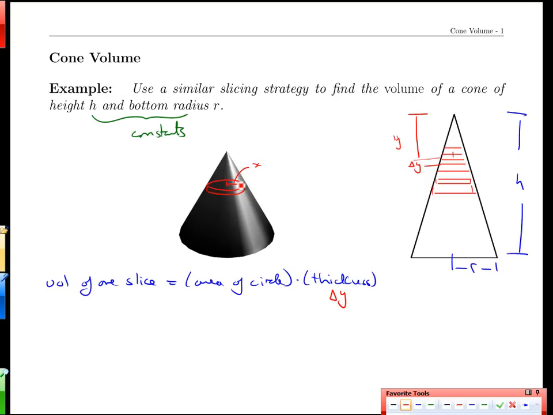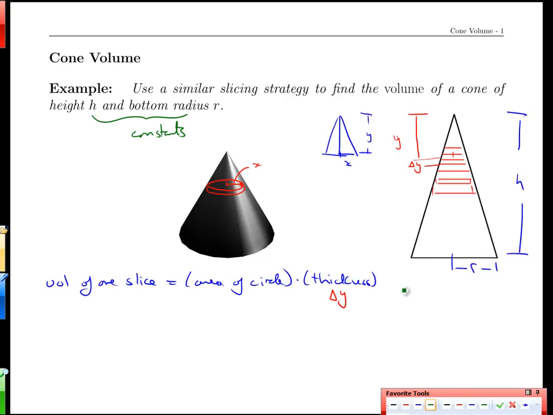If we're interested in that x value at a slice at height y, how are we going to find that? Well, we can take advantage of similar triangles. We have height y, and this x is the radius of that slice circle. And we also have our big triangle here with height h and radius r.